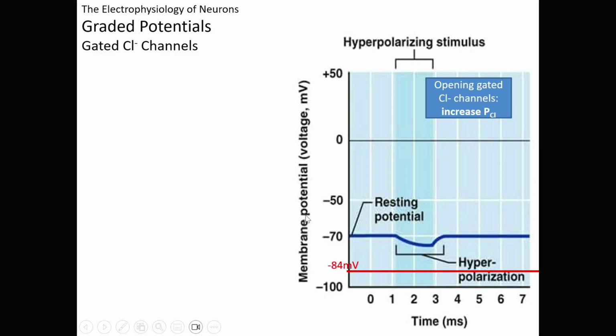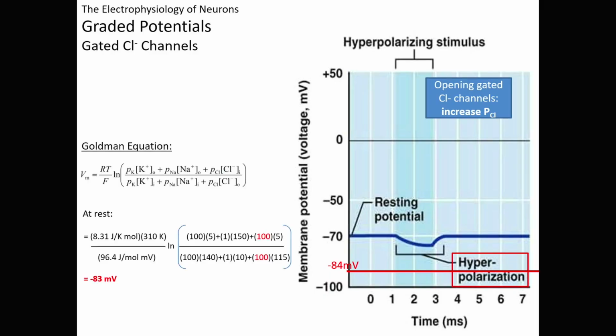So again, we're going to shift from our resting potential towards the equilibrium potential for chloride. So in this case, because chloride's equilibrium potential was more negative, the membrane potential shifts to be more negative. So this will be another example of a hyperpolarization. And again, if we were to do this mathematically, you see what we get here.